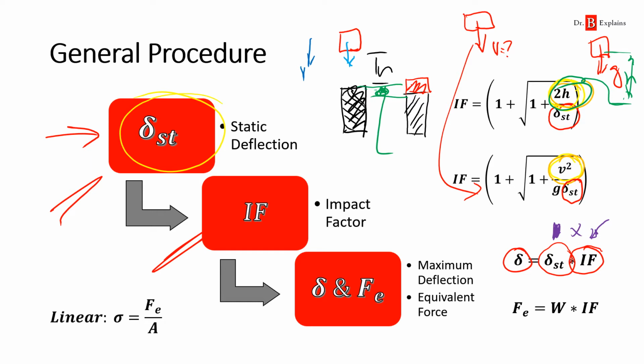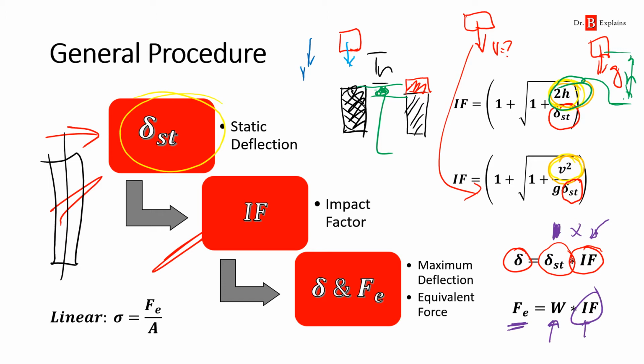Next, we will also calculate the equivalent force. This is just the weight of the object that is striking, and we're just going to multiply it times the impact factor. This tells us that the structure feels X times higher, where X is from the impact factor, which is a multiplier. So when we're looking at a linear problem, linear means loaded along its long axis.